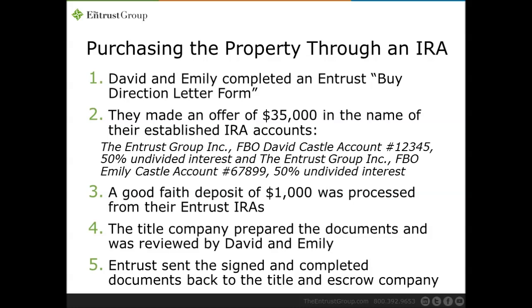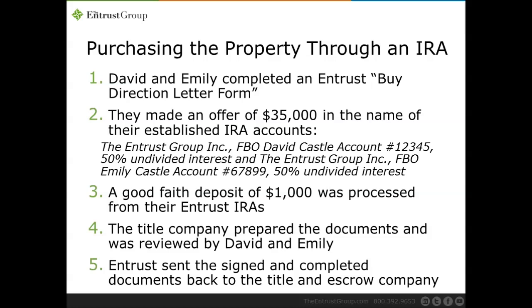And so on the purchase contract, when it lists who the buyers are, it's going to be each account. And the name of the account is the Entrust Group for the benefit of, or FBO, client's name and account number. And so the Entrust Group FBO, David Castle, account number 12345, not really the account number, with a 50% undivided interest because, remember, they are partnering their IRAs.